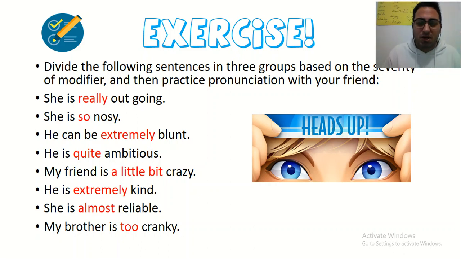First I'm going to tell you who is in group 1 and who is in group 2, and then what you're going to do is practice the right pronunciation of these sentences together. Then I'm going to start asking some questions about them. Are you ready? Okay, let's get into it.